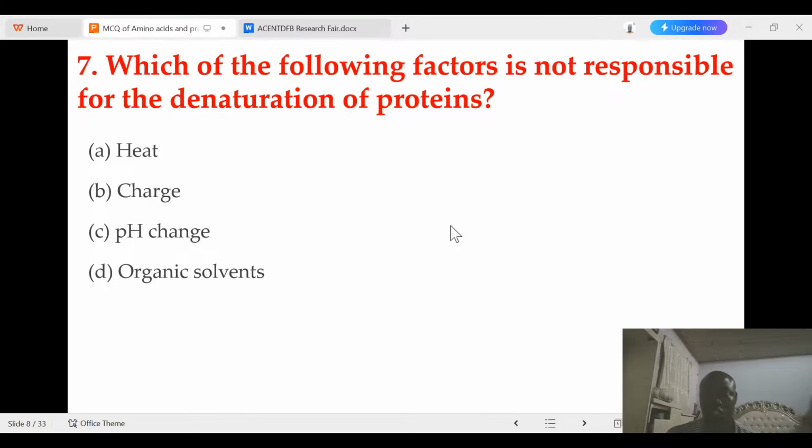So denaturation is a process whereby the three-dimensional structure of the protein is lost. What are the factors that lead to the denaturation of protein? Heat is one of them. Whenever you expose your proteins to high temperature, there is a likelihood all the bonds in the proteins will be affected.